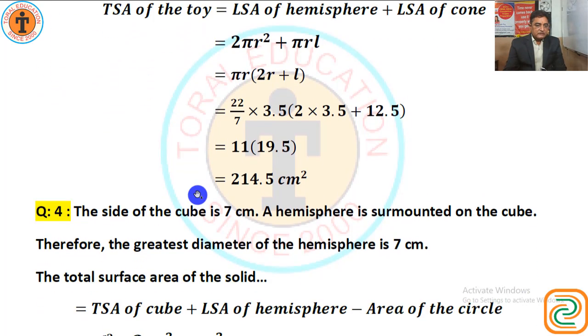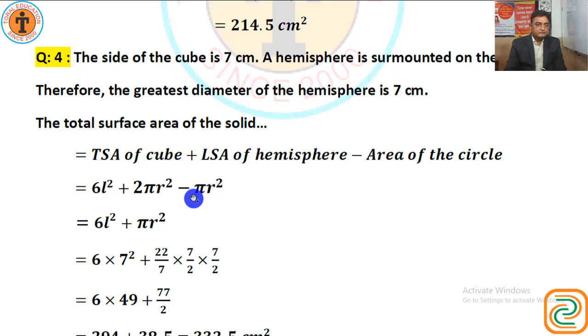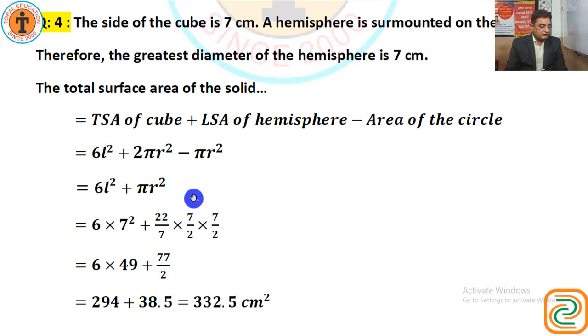Here friends, question number 4. A cubical block of side 7 cm is surmounted by a hemisphere. It is a cube and there is a hemisphere on the cube.